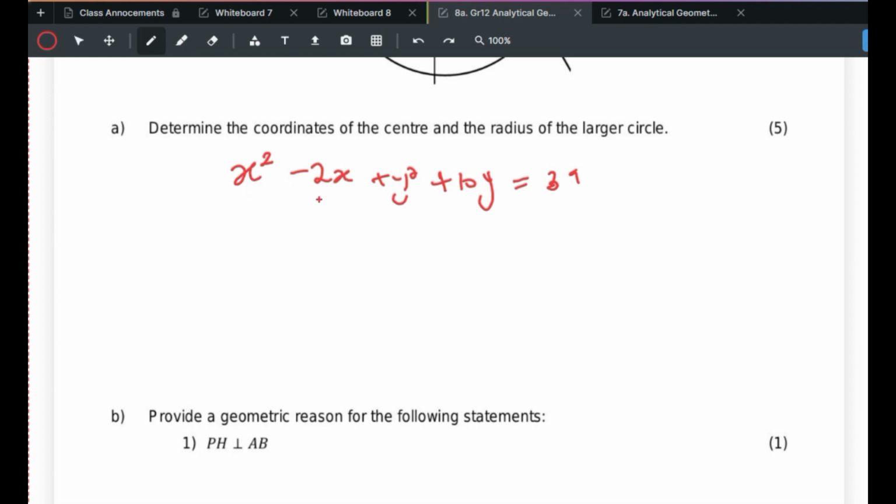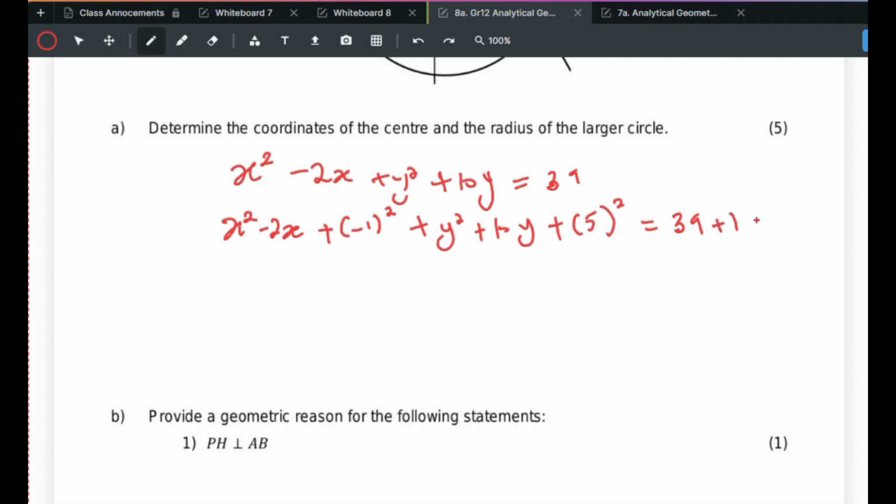Anyway, it's going to be okay. x squared minus 2x plus negative 1 squared, plus y squared plus 10y plus 5 squared, is equal to 39 plus 1 plus 25.